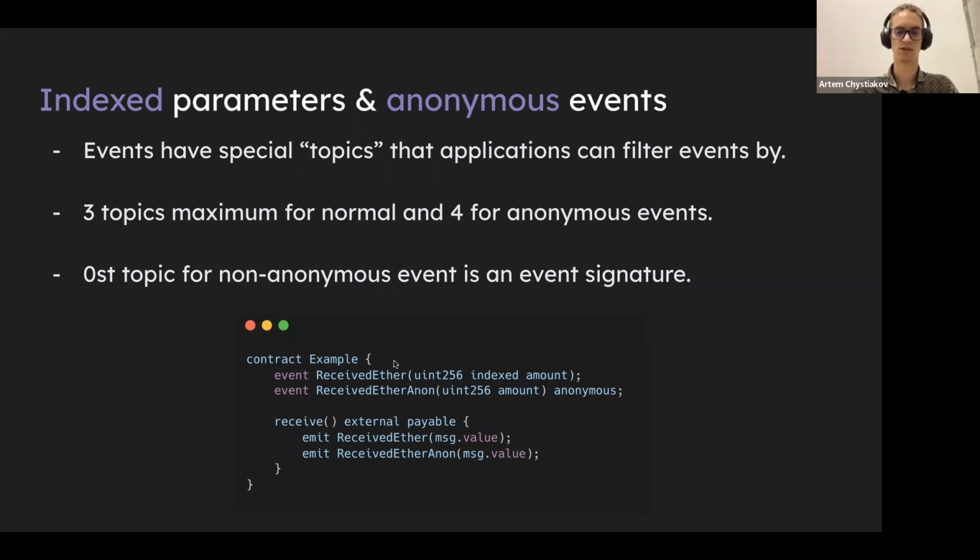So if we had a huge array, say an array of 10 elements that we declare as indexed, Solidity would hash this array with the keccak256 hash function and place the hash of this array into the topic, not the whole array.